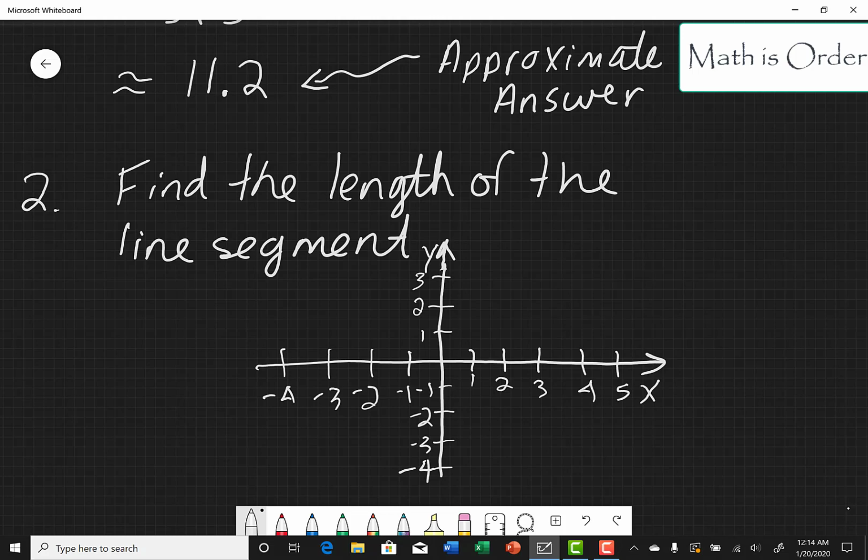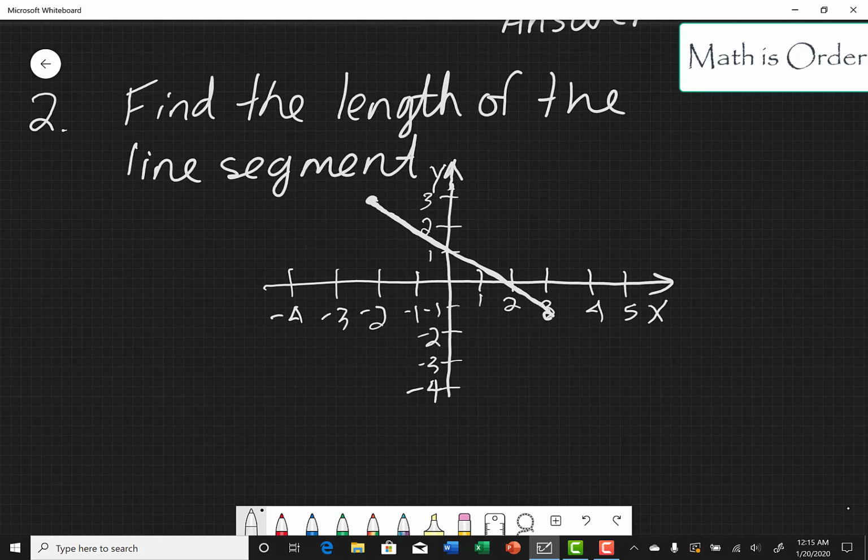Let's say the segment goes from here down to, say, here. Let's say it goes sort of like this, right? Just a segment like this. So here's the problem statement. Find the length of this segment. And by length of this segment, they just mean the distance.